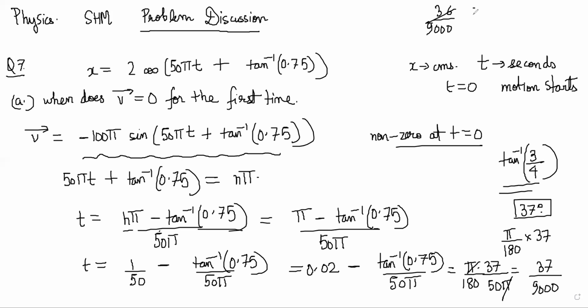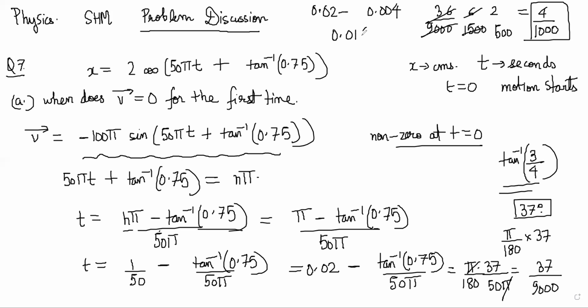So it will be 6 by 1500, and that will be 2 by 500, so that will be 4 by 1000, which is 0.004. You have to subtract it from 0.02, so you'll get 0.016. That is the answer: 1.6 into 10 power minus 2.